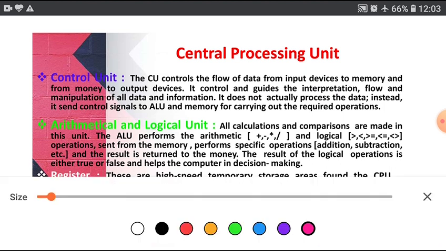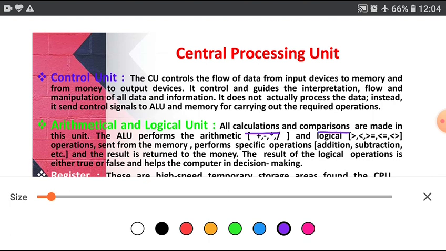Now, arithmetical and logical unit. All calculations and comparisons are made in this unit.